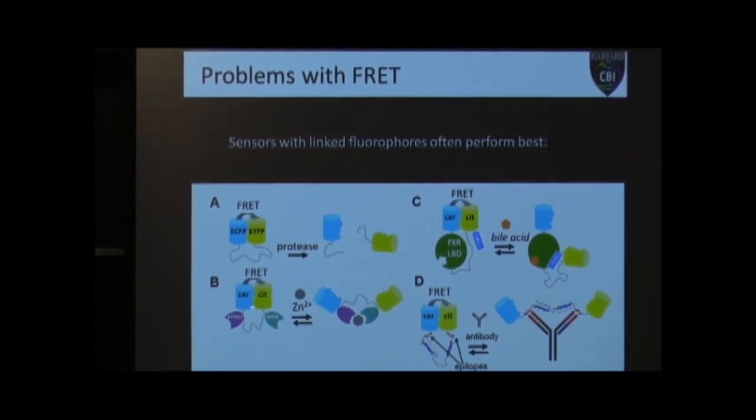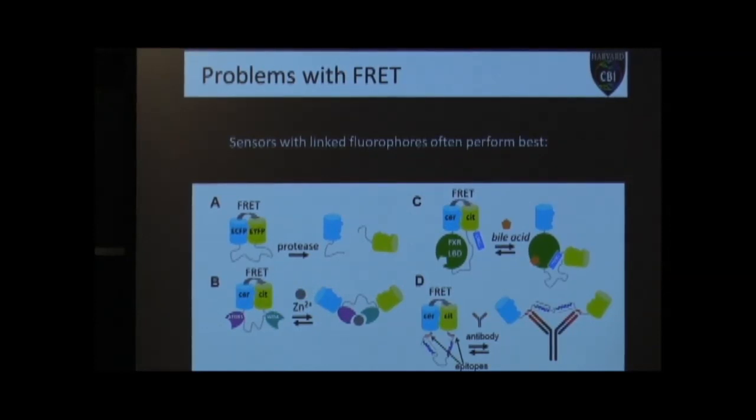Another example is two fluorophores joined with two binding domains. These are binding domains that recognize zinc. And when zinc is there, those two binding domains are brought closer together, and at the same time, they move the fluorophores away from each other. So again, you get FRET in the absence of zinc, and no FRET in the presence of zinc.